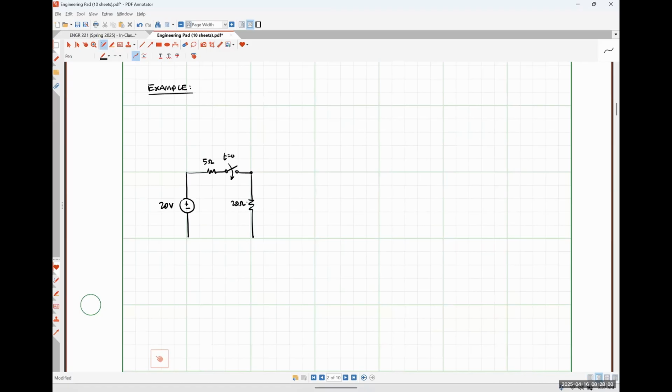Here's a 20 ohm resistor. A 5 ohm resistor. An 18 ohm resistor. A 2 Henry inductor. I'm going to define my inductor current IL of t in this direction.